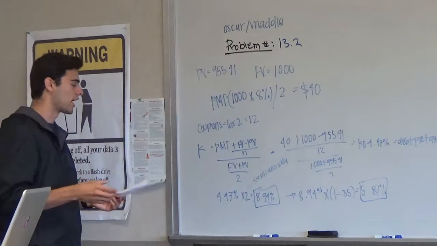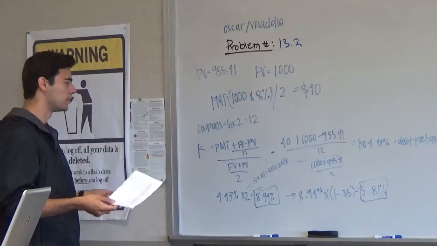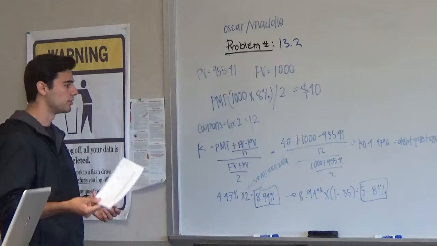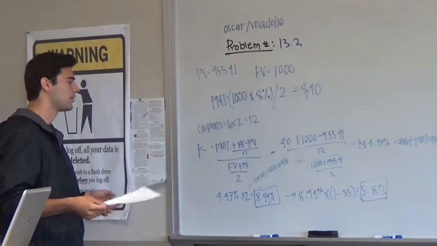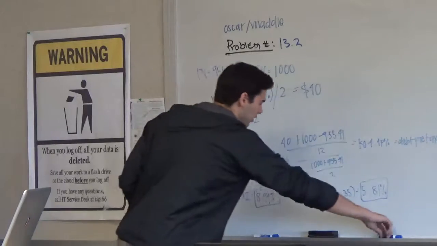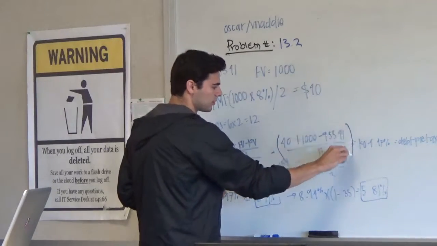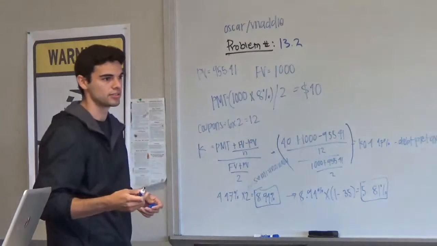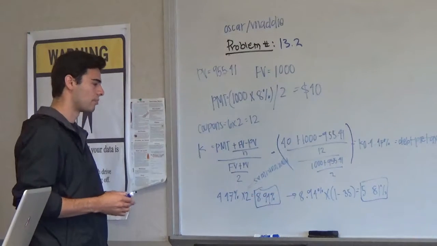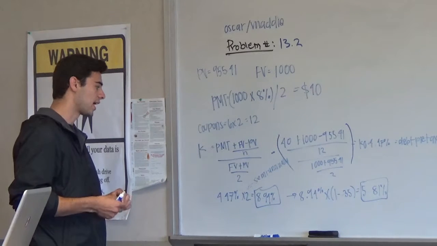And so to calculate the pre-tax cost is the annuity payment plus the future value subtracted by the present value divided by 12, and then so that's all divided by the future value plus the present value divided by 2, which is also the interest compounded semi-annually, and you get 4.47% debt pre-tax.